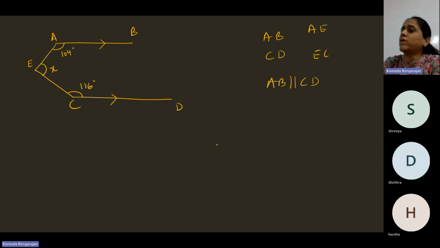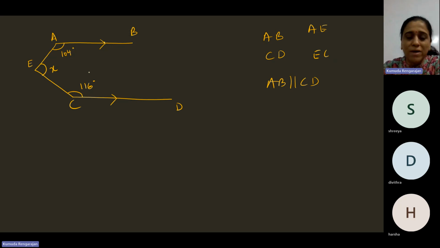In order to use the property of parallel lines, you need a transversal. The two parallel lines must be cut by a transversal. Only then are these angles, alternate angles, formed. All those angles are formed only when two parallel lines are intersected by a transversal. If you simply have two parallel lines with no transversal, then no angles are formed.